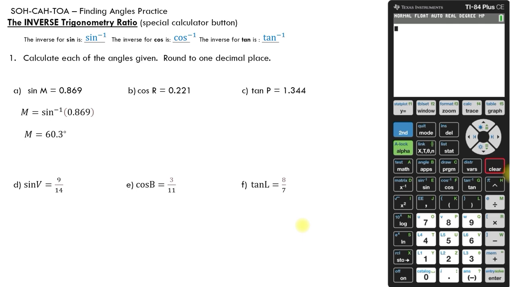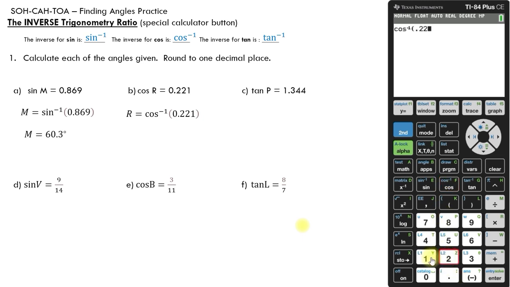Question B states that the cosine of r equals 0.221. Again, if the cosine of r equals 0.221, then the angle r by itself is going to equal the inverse cosine of 0.221. To get the inverse cosine, press our second function, click cosine, brings up the inverse cosine because we pressed the second function.